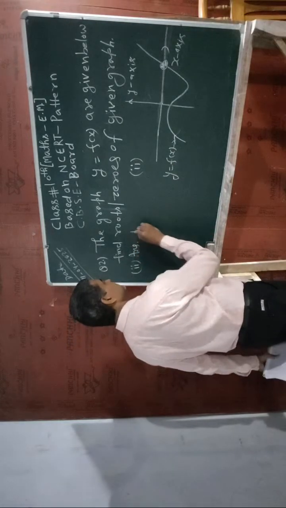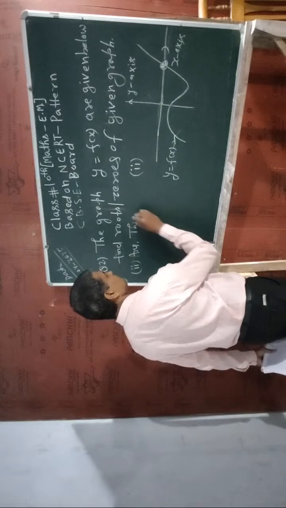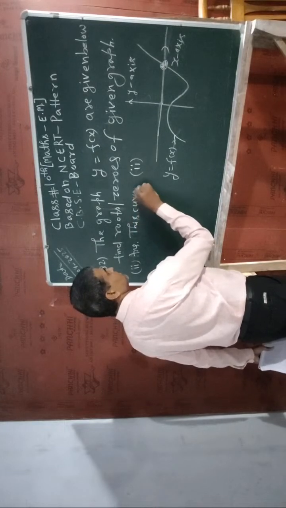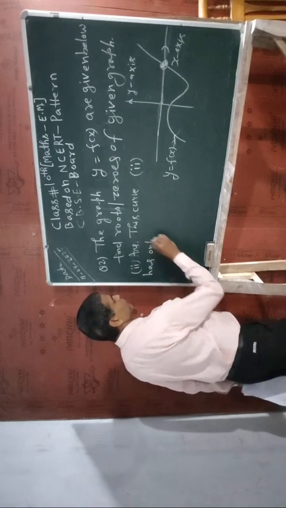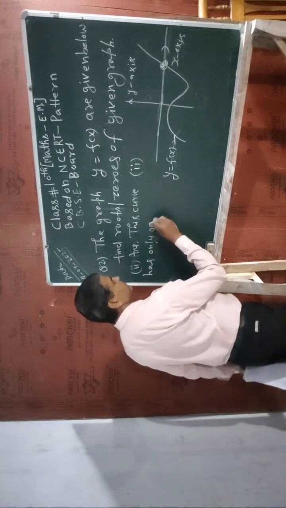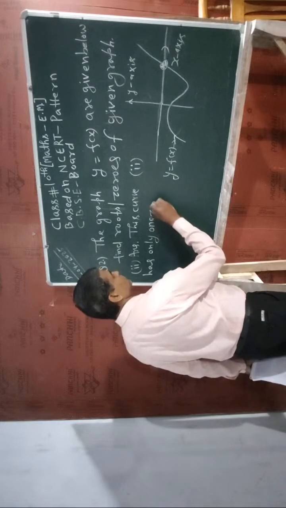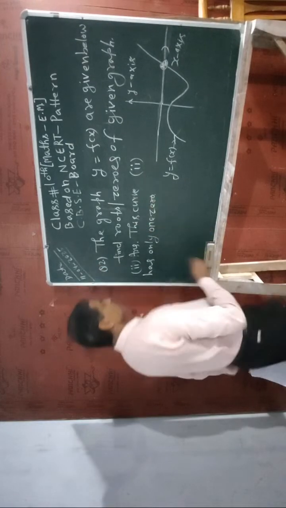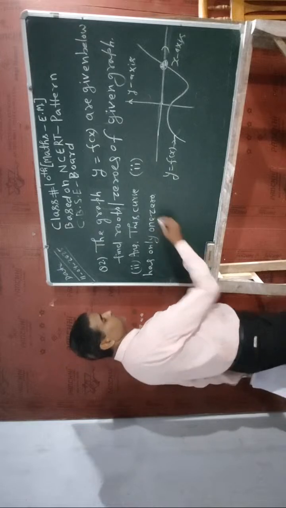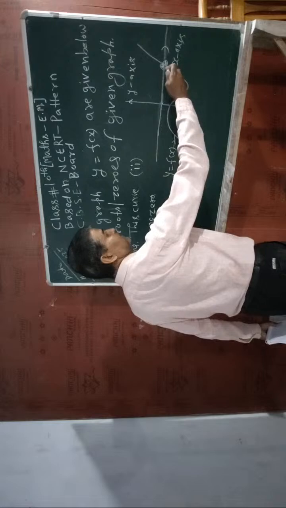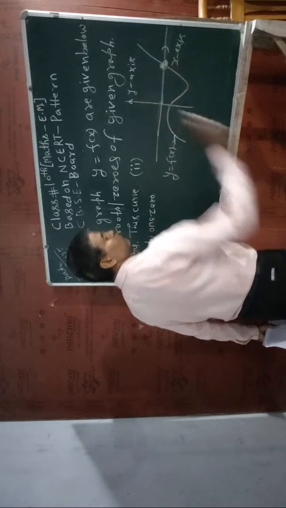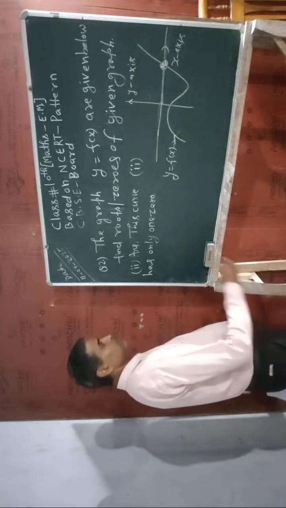This curve has only one zero. It means that this curve is cutting, intersecting the x-axis at one point. Okay, student.